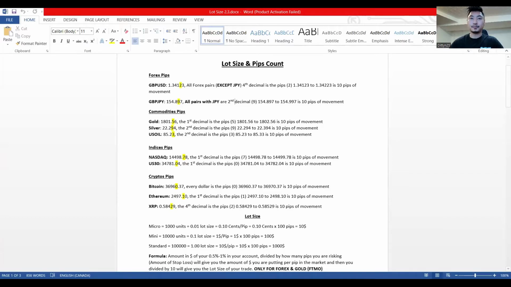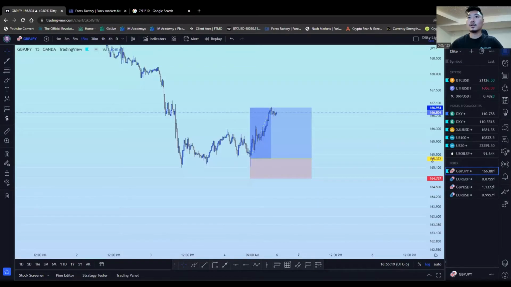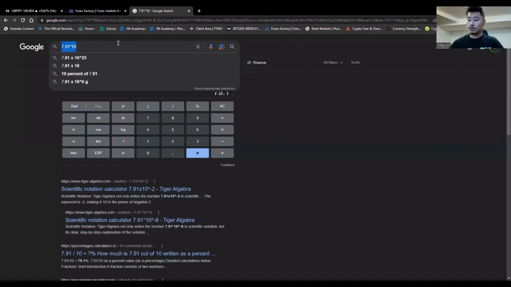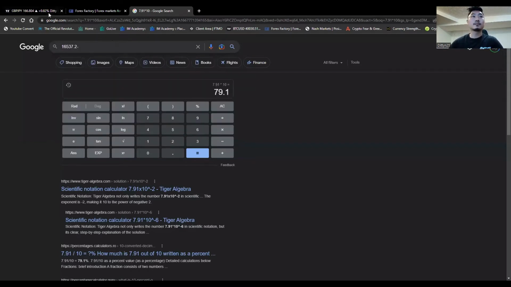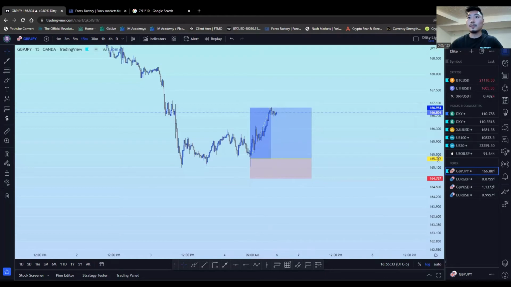But anyways, so here what I do is 165.37.2, 137.2 minus. So the pip count is the second decimal, and the third decimal is the micro pip.